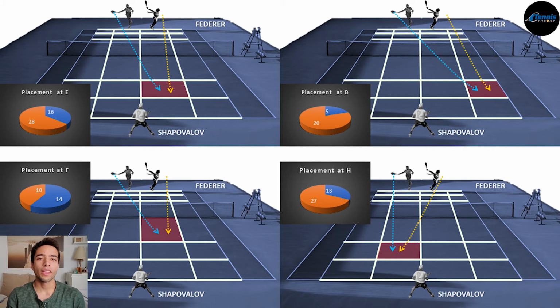So now we know that not only did Federer focus on targeting Shapovalov's backhand more often, but most of these shots came from his own backhand side, which tells us that Shapovalov also focused on targeting Federer's backhand. Finally, we can also arrange these numbers from these 4 zones and merge them into 2 groups: the shots Federer hit from his forehand side and the shots Federer hit from his backhand side.